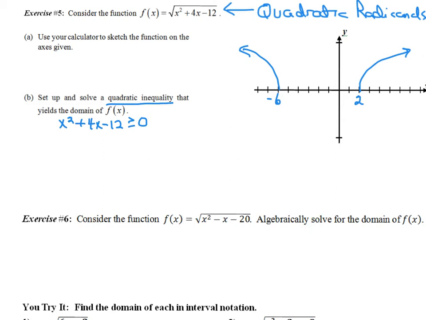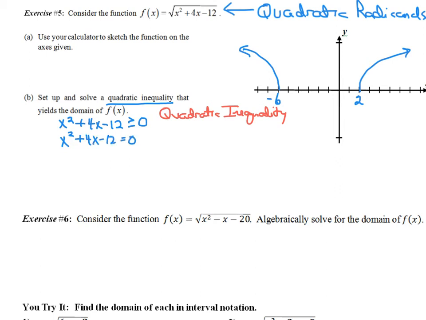So we notice here that what I have is a quadratic inequality. We covered solving quadratic inequalities 2 units ago, so this is really good practice before our midterm exam. So the first step is going to be to take this quadratic and set it equal to 0.